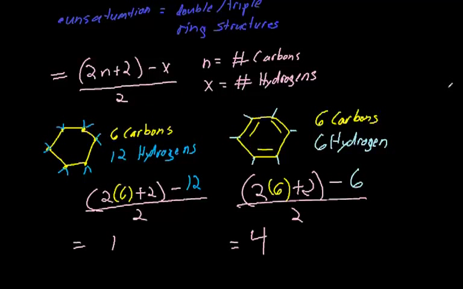As we became more unsaturated, we added double bonds. Remember, we went from cyclohexane to these double bonds in the benzene ring. As we became more unsaturated, which means we lost hydrogens, we increased our degrees of saturation.